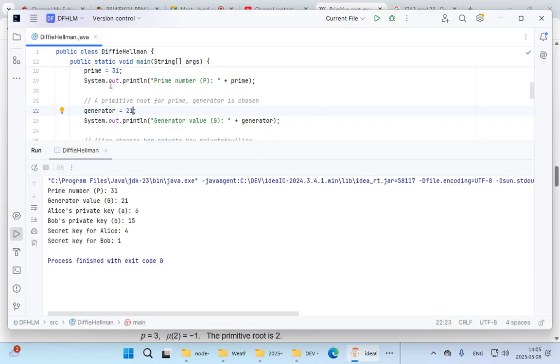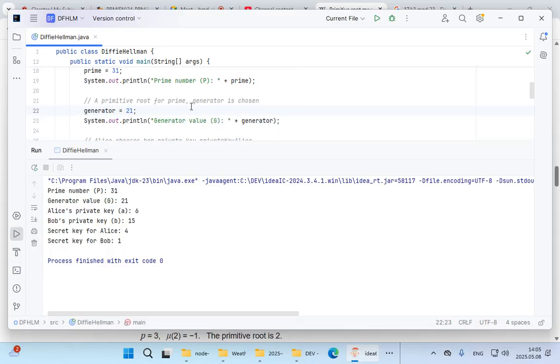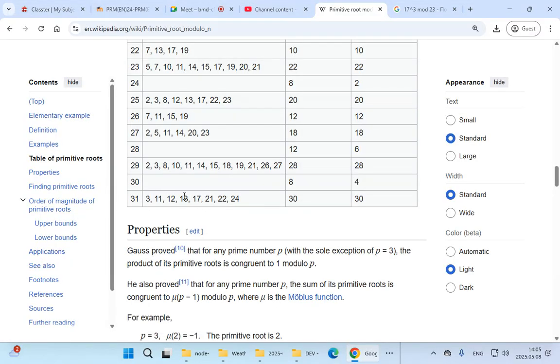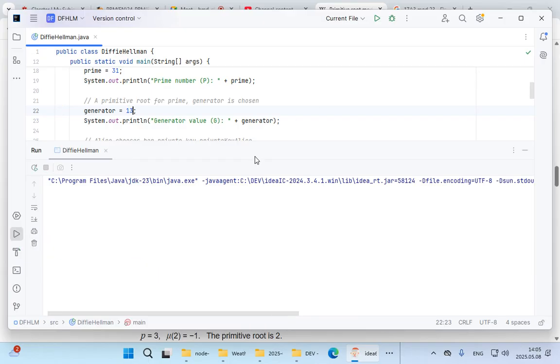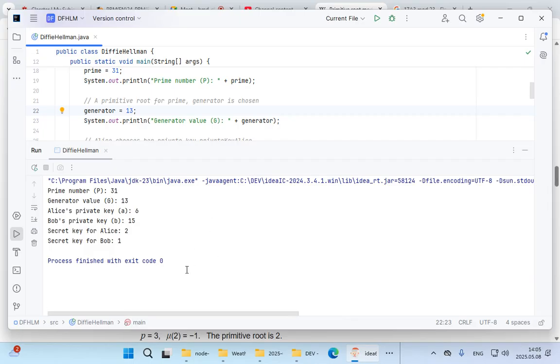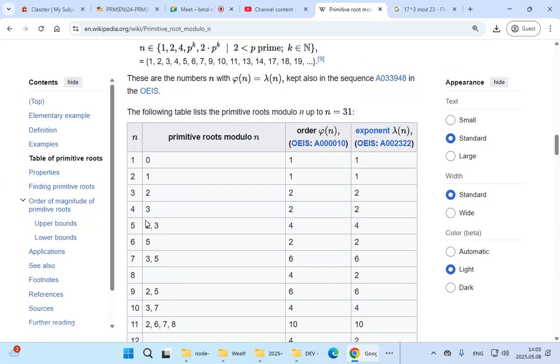Doesn't work. So 21 is a primitive root for a prime number, but I think it should be prime also. And then which was the 31? You can take 13, then it shall work. No, still very strange. So here 31 is the root number.